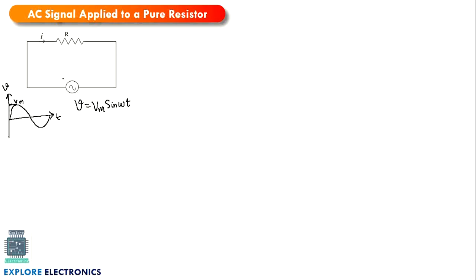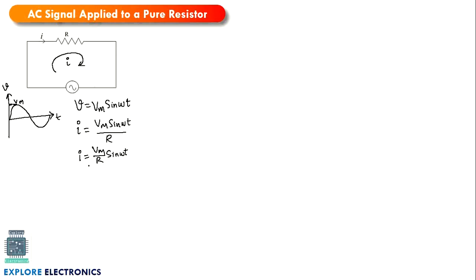Once we apply the AC signal like this, the circuit current will flow in this direction through resistor R. This is my current I. So I can write I as V divided by R, so Vm sin ωt divided by R. I can be written as Vm divided by R into sin ωt.